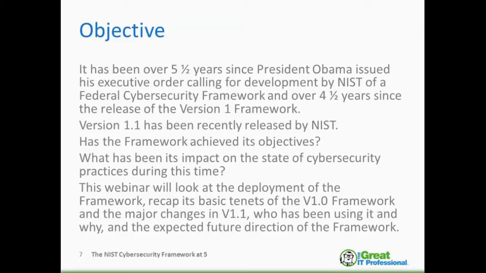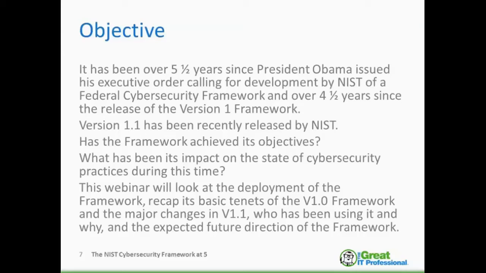And the executive order set the expectation that NIST would come out in a year with the first version. I think there was some skepticism at the time whether the government could get anything done in a year, and lo and behold, they did.